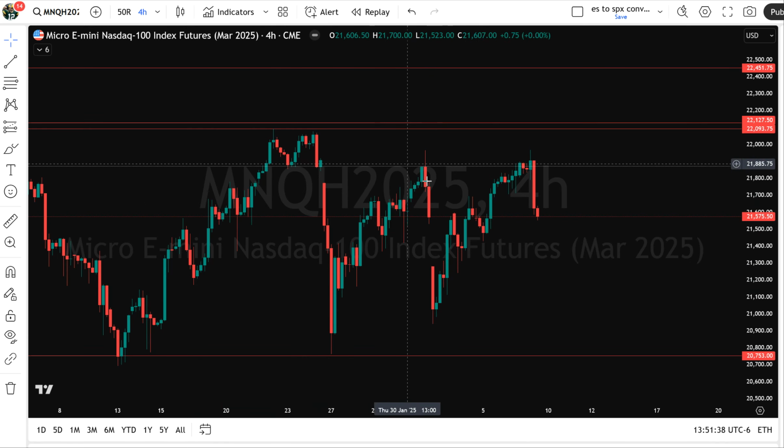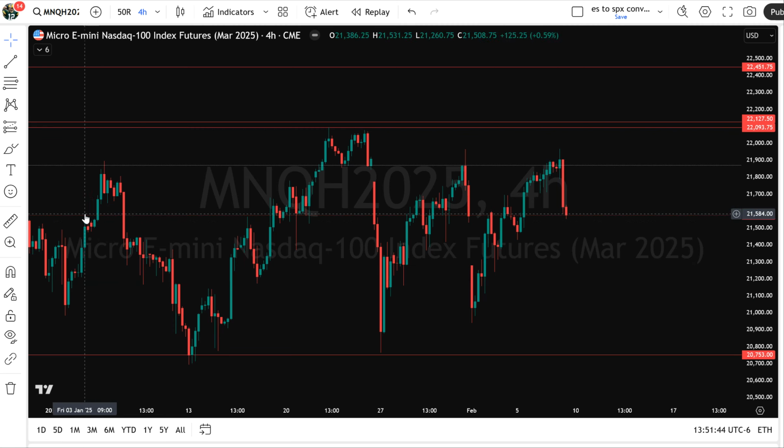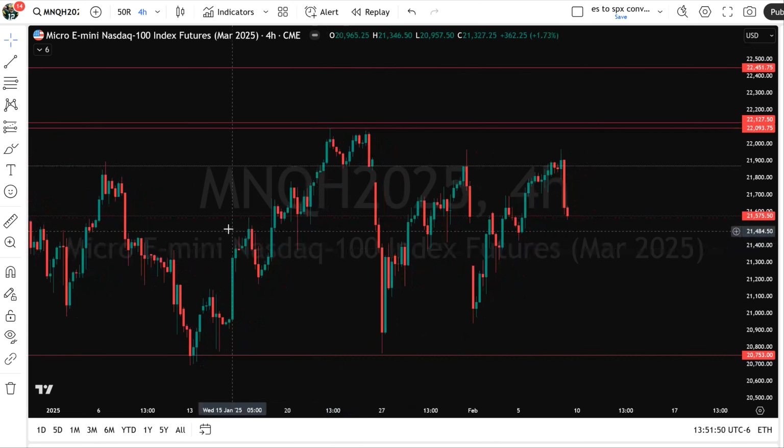Okay, I'm seeing an area right now, and I'm not sure if you see it or not. Let me just go this way a little bit further. So look what happened right here. Price came up to this level, rejected, came up, and it consolidated in here, went up, and look what happened here.